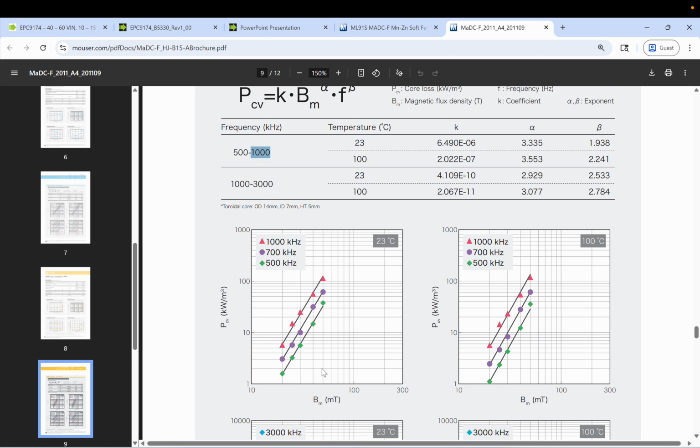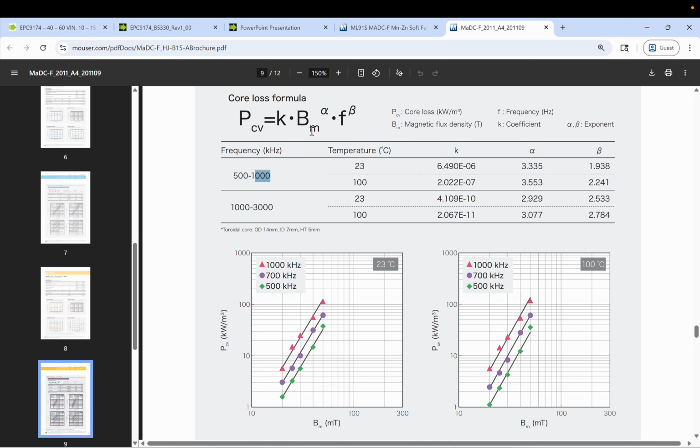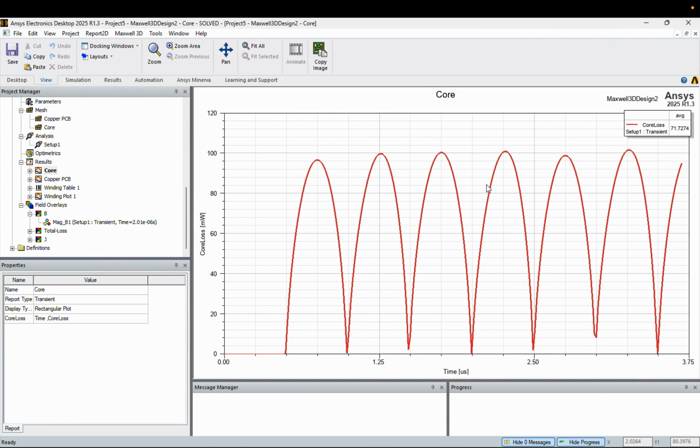That's why the core loss goes only until 10, 20, 30, 40, 50, not more than that, because at that switching frequency you are operating at a very tiny little Bmax. I'll show you what the Bmax is, but remember this alpha is bigger for the flux density versus the switching frequency. So this you are reducing, this you are increasing switching frequency. Keep that in mind. And I'll justify why I'm getting 71 milliwatts.